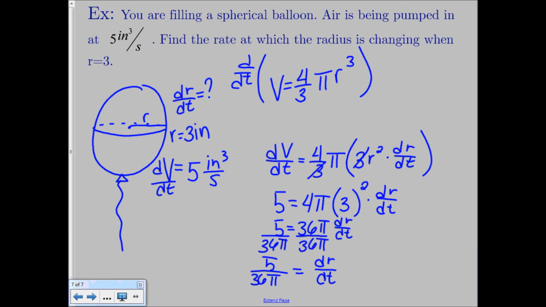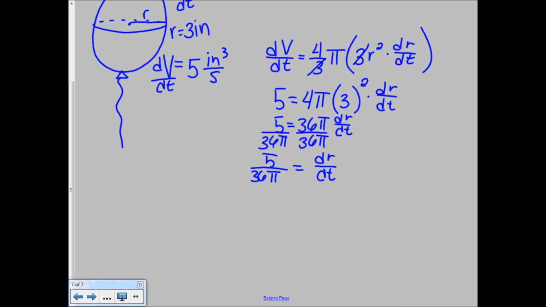And so now all we have to do to finalize our answer is put units on it. So our final answer can be written as dr/dt is equal to 5 over 36 pi. And our units here are going to be inches per second, because the radius is measured in singular inches, no power on that, and since it's a rate of change of time, seconds has to be in the denominator.